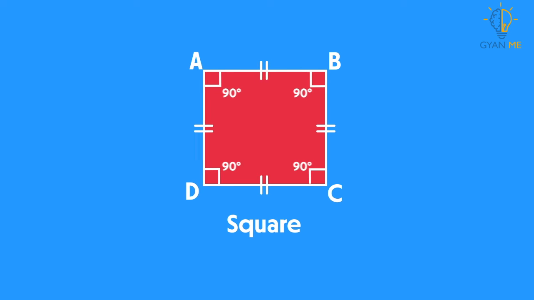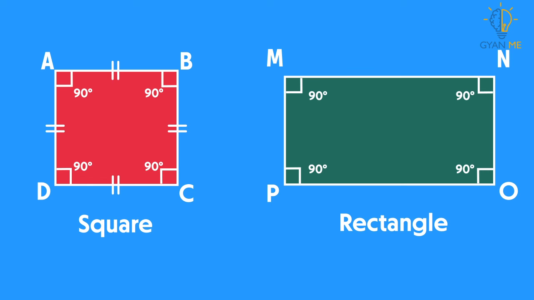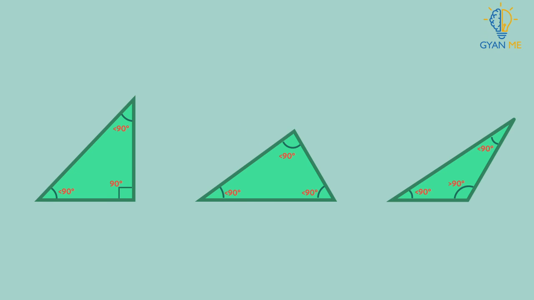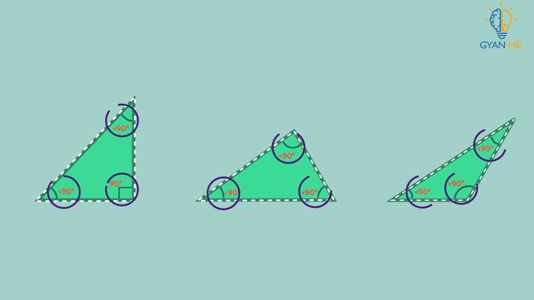While for a rectangle, all angles are 90 and two opposite sides are always equal to each other. Thus, we can say that for these shapes, conditions are fixed. But a triangle can have all three angles different and all three sides of different lengths. Thus, students, triangle becomes a very special shape.